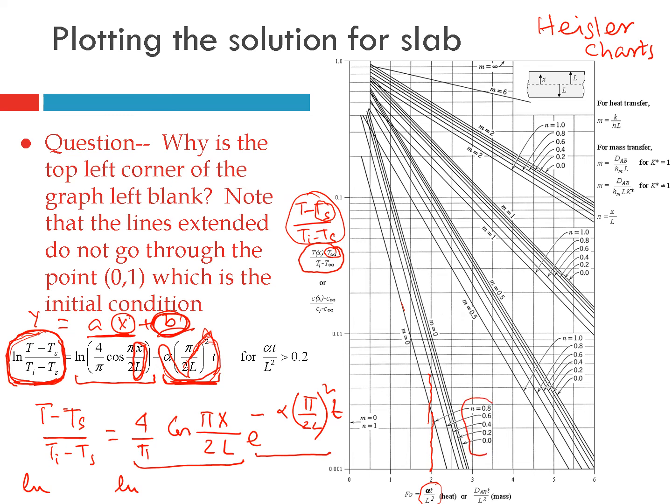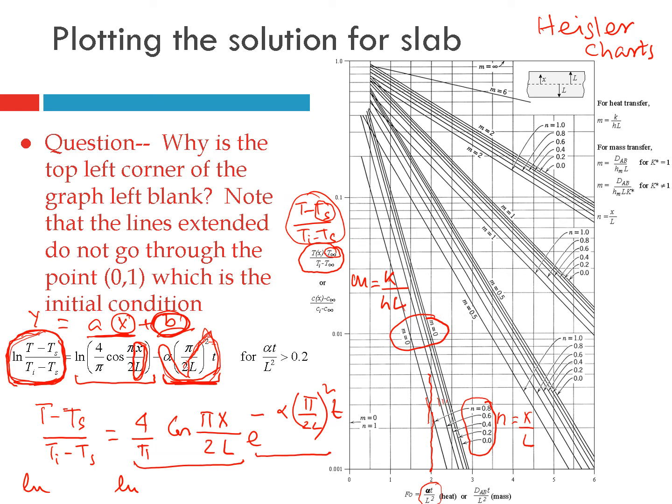So the location variable is n. n is x over L. At different positions, I have a different line because the intercept is different. And this other variable m, which we'll explain soon, m is equal to k over hL.